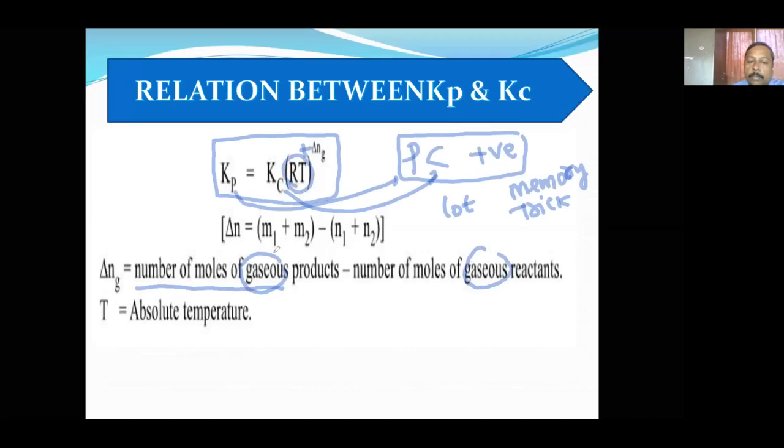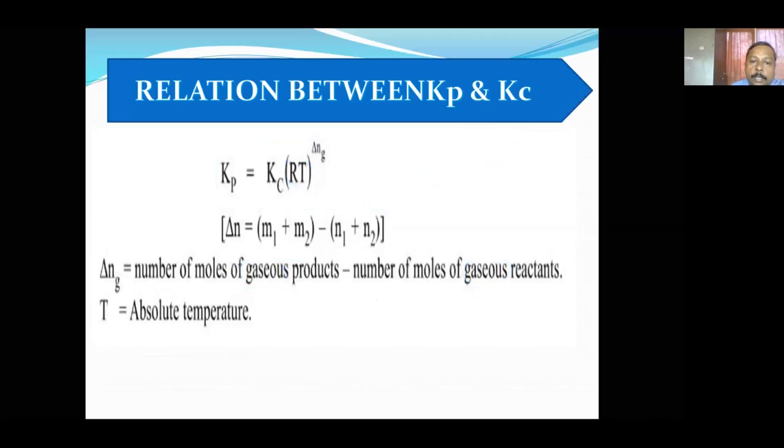M1 and M2 are product moles, N1 and N2 are reactant moles, and temperature you must and should take in Kelvin only. Sometimes when they give a fancy number like 100 degrees Celsius, people directly substitute it, thinking they will get the correct answer. No, you should convert into Kelvin, and only then substitute in this formula. So this is the formula, the memory technique, and the precautions you should take and learn from your seniors. The mistakes made by your seniors or yourself should not be repeated in future.